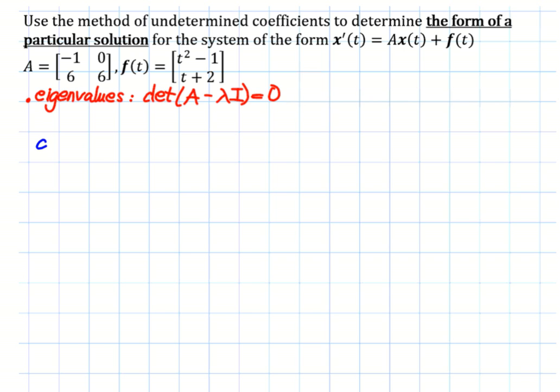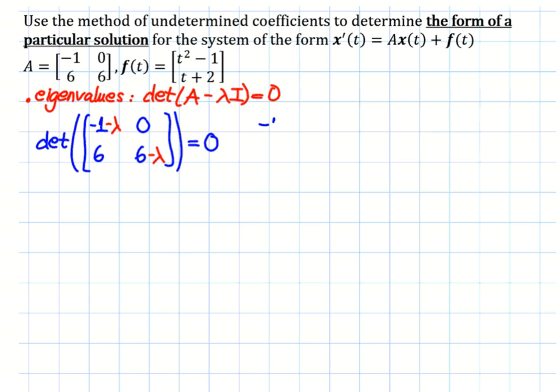So we have the determinant of the matrix A when we subtract lambda on the diagonal. Determinant of that equal to 0. This is again a scalar equation.